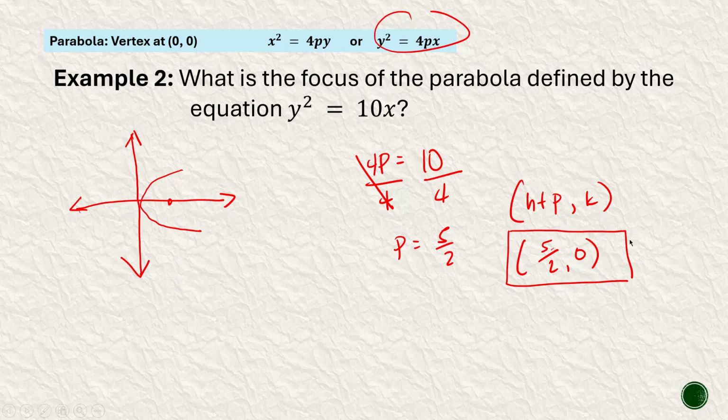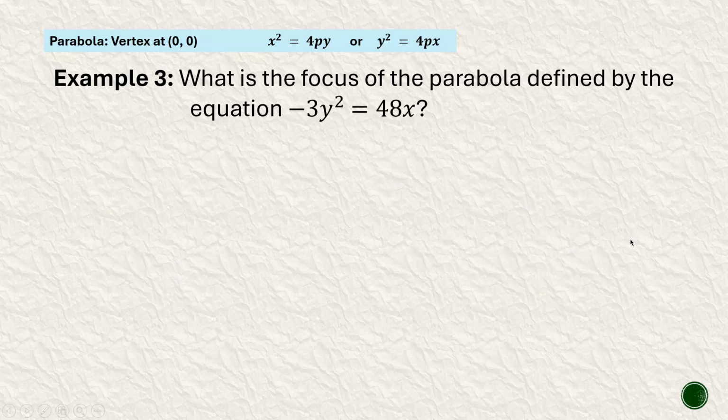All right, let's answer the next one. Problem number 3. What is the focus of this parabola? We have negative 3y squared equals 48x. So the first thing we need to do here is to transform this equation into our basic equation, the general equation that we have on top. So our reference equation is going to be the one on the right side, because the one with the square is the variable y.